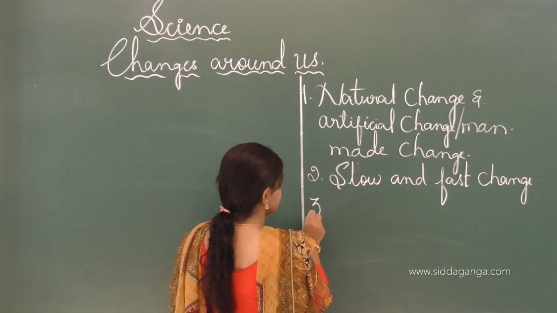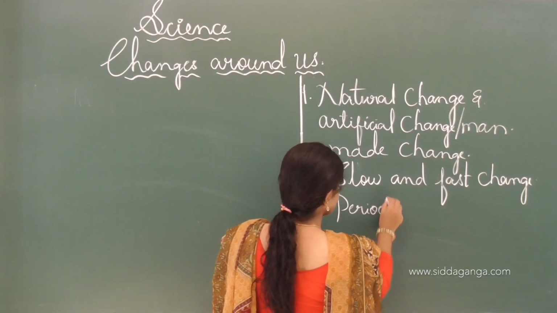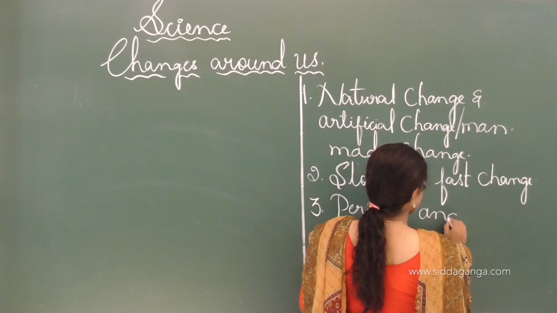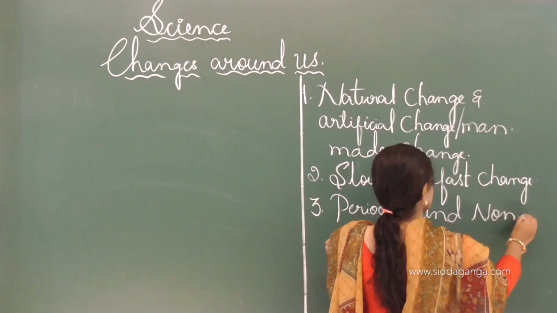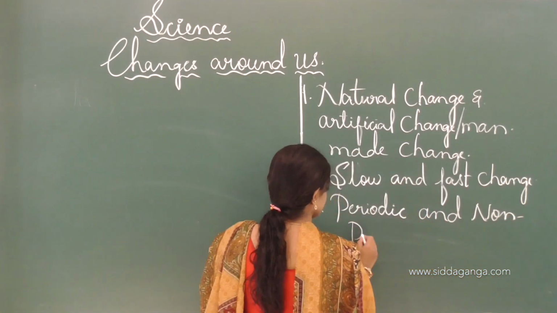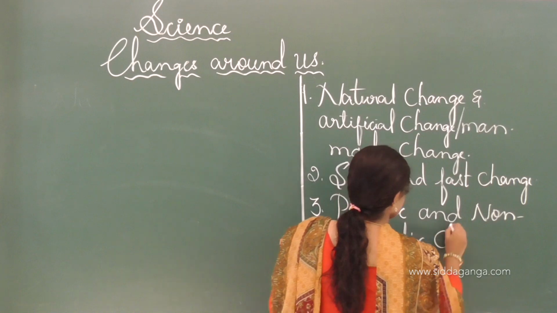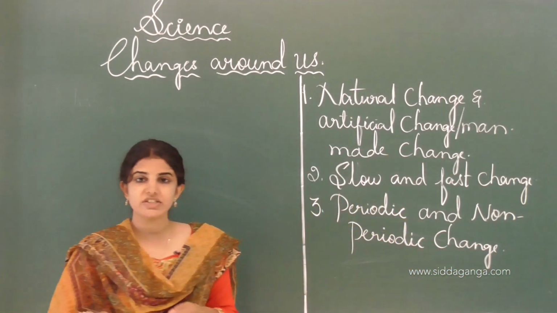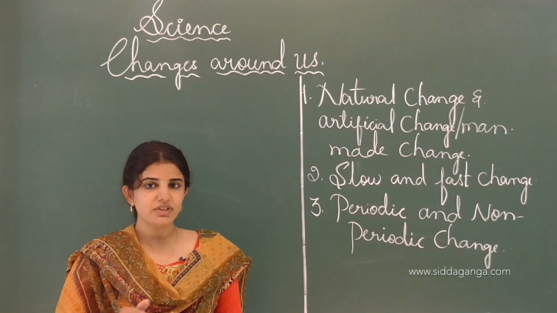And the third one is periodic and non-periodic change. See, periodic changes are those changes which repeat themselves at each interval of time.